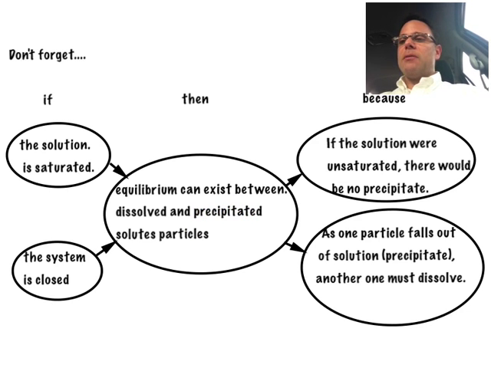Now why does this happen? Because if the solution were unsaturated, there would be no precipitate. Unsaturated means anything else you add will still dissolve. And as one particle falls out of solution, precipitates, crystallizes, another one must dissolve. This is a good one to pause and commit to memory.